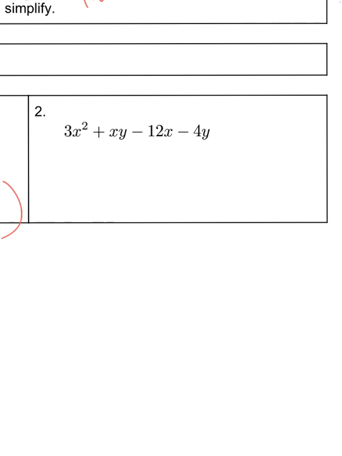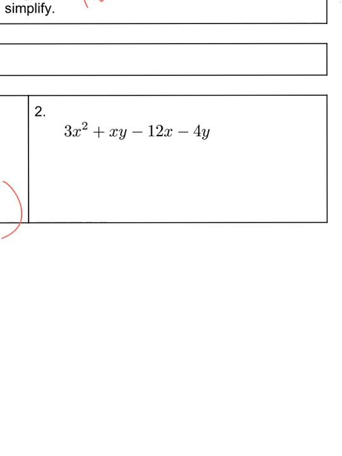Okay, so in our next problem, we have 3x squared plus xy minus 12x minus 4y. So again, we're going to group these together. But with this problem, we have to be careful because when the first term of the second group has a minus sign in front of it, you want to put the minus in front of the second parentheses. When you do this, you need to change the sign of both terms of the second parentheses.